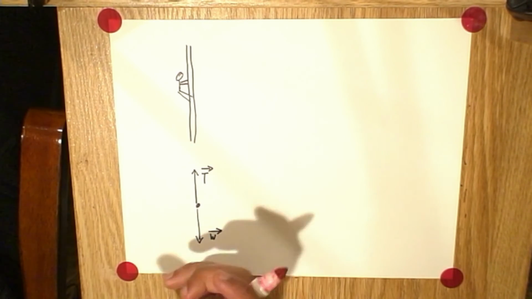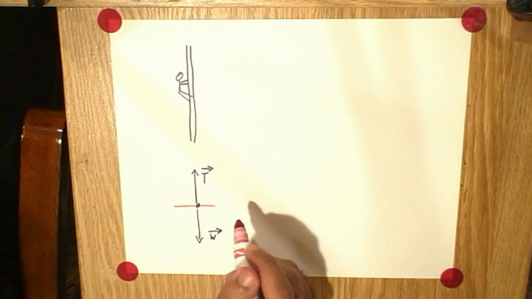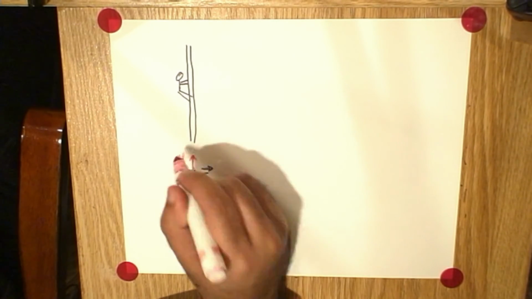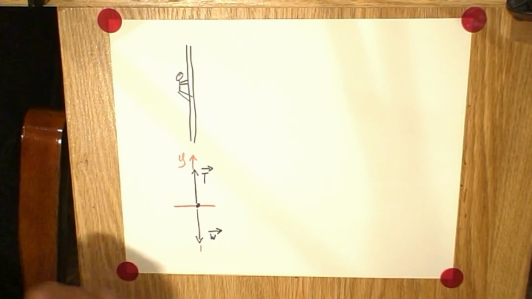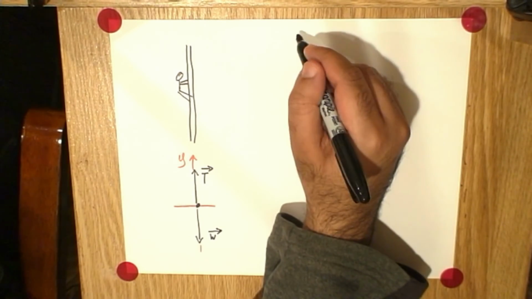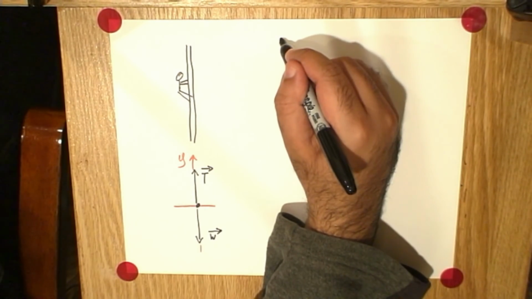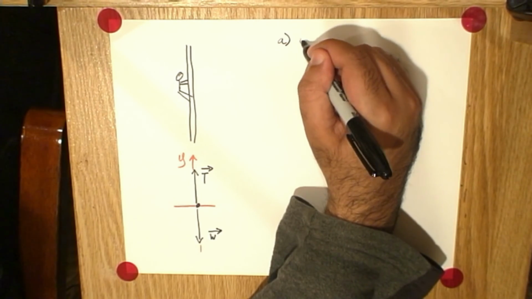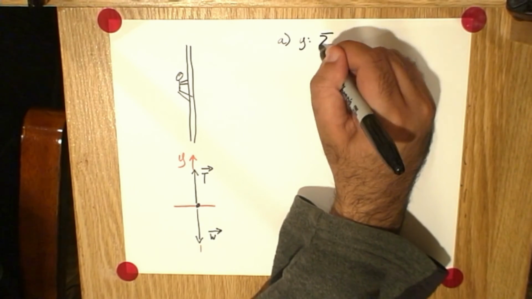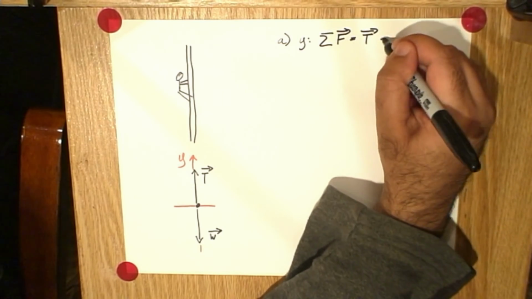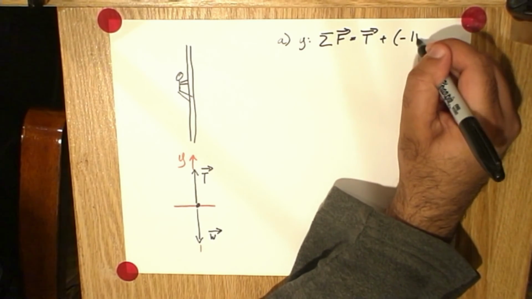Now that we've done the force balance, let us apply the axes and proceed from there. For part A, in the y direction, we know that total force is equal to tension plus negative weight.